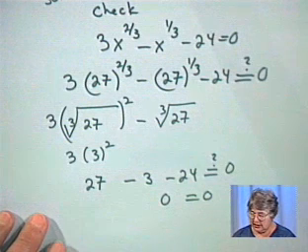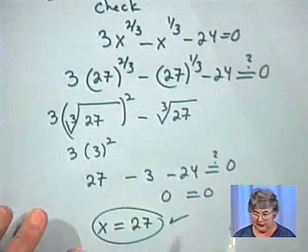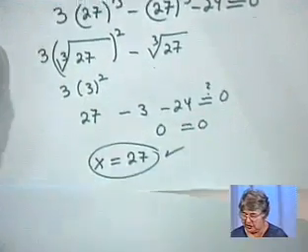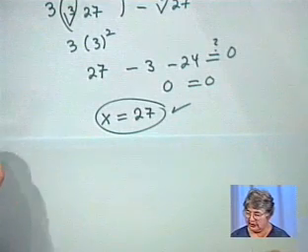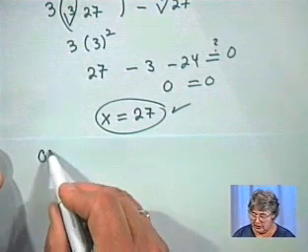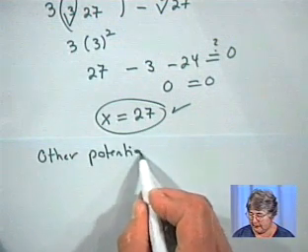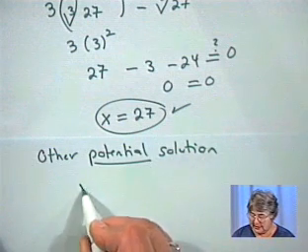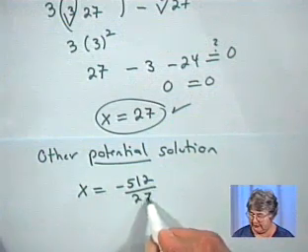So it turns out that x equals 27 checks. Let's check the other solution. The other potential solution is x equals negative 512 over 27.